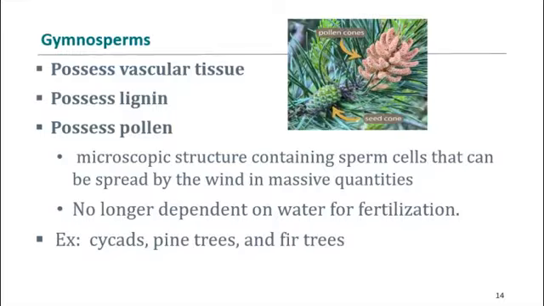The pollen will land on the female cone, which is the green one that you see there, which usually has a lot of sticky, resin-like material on the outside that allows the pollen to stick to it so that the sperm can then fertilize the egg cell inside of the cone.